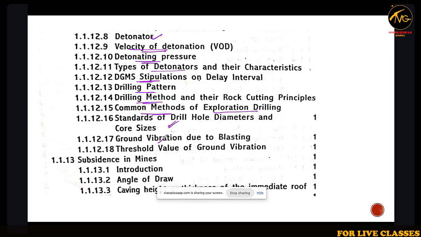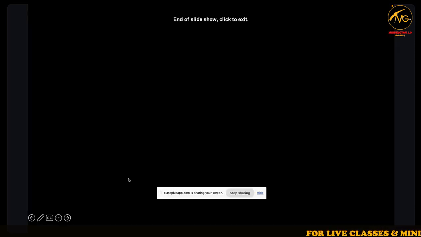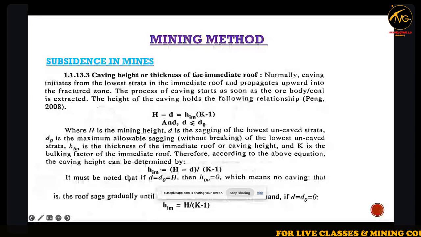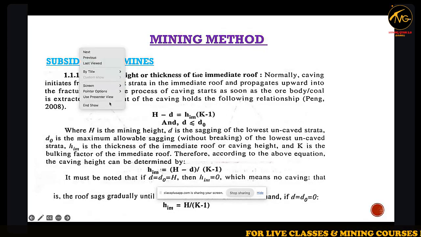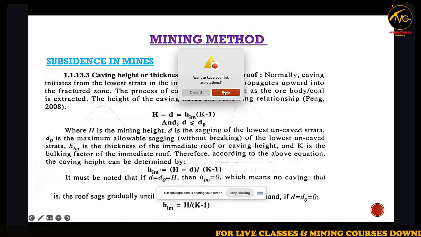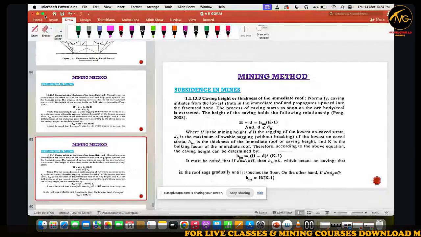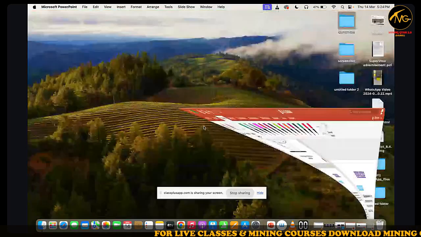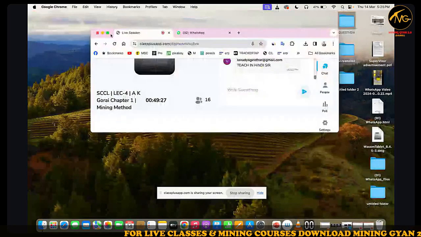I have left this one. So this is our first chapter of theory. We should start our numericals, or do you want to comment on anything? If you want to ask, or we will discuss it later.